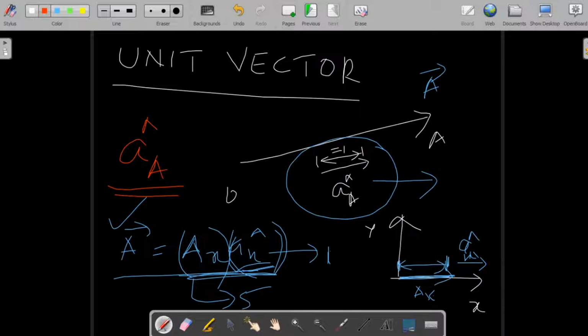But if I write a cap, you know that the magnitude of this is 1. Agree? But what is the direction? It's difficult to judge, right? So there should be a way to express a unit vector or to find the actual direction of any given unit vector. So let us discuss that next.